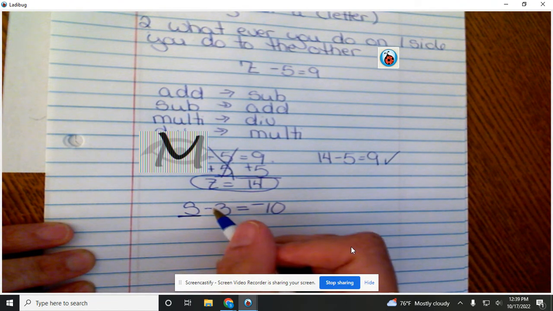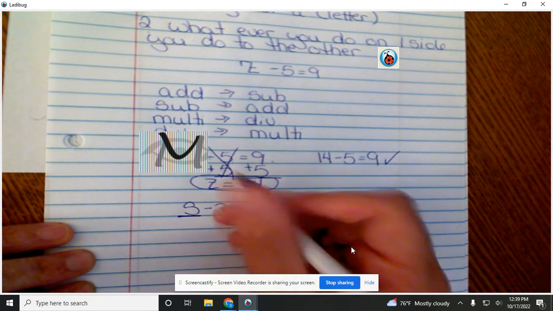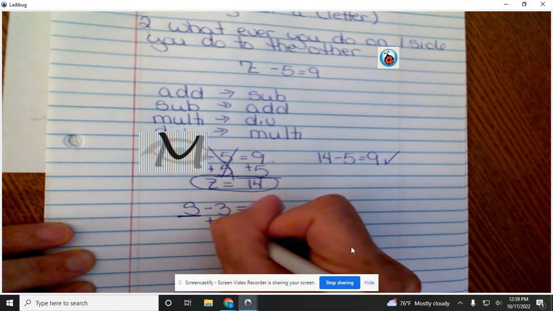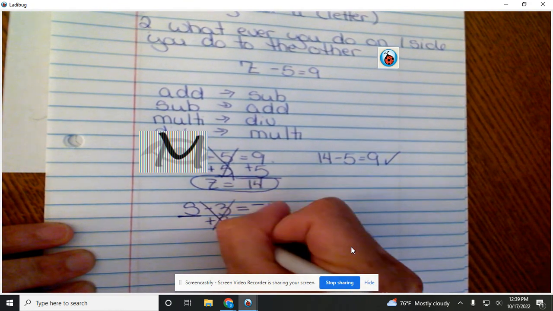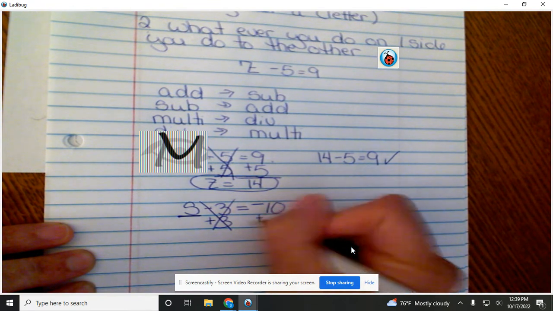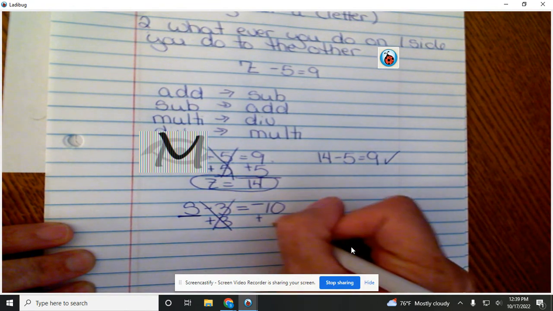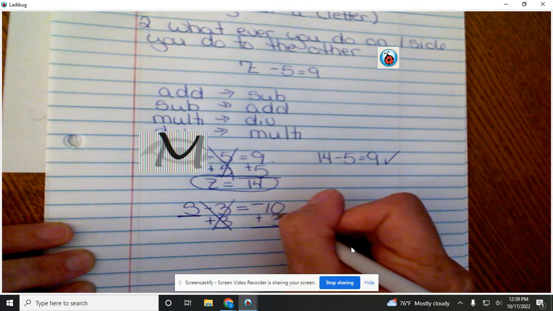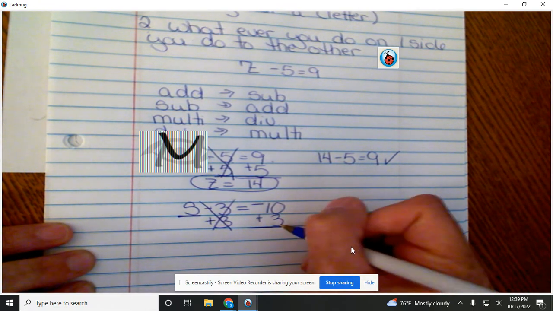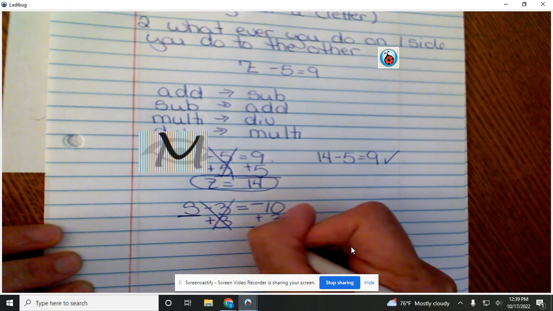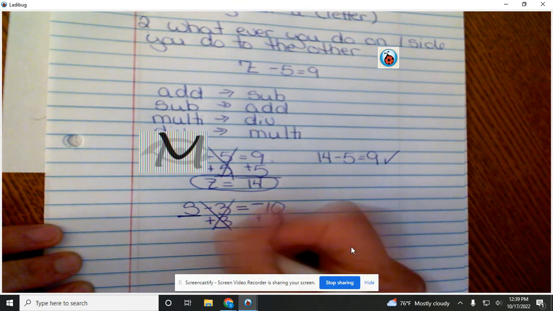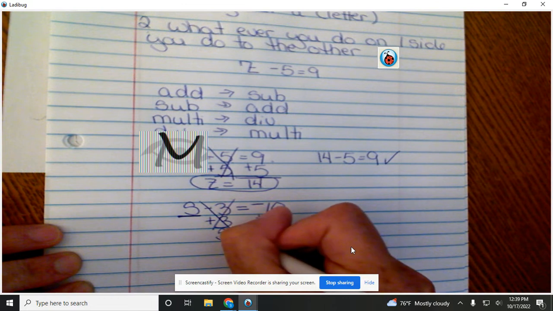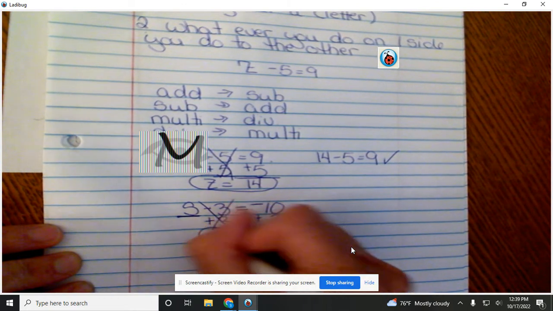So if we see minus 3, we know that we need to add 3, which would cancel this out, which means then over on this side, since I added 3 on this side, I have to add 3 over here. So negative 10 plus 3, and if you put this inside your calculator, you're going to come up with negative 7. So s equals negative 7.